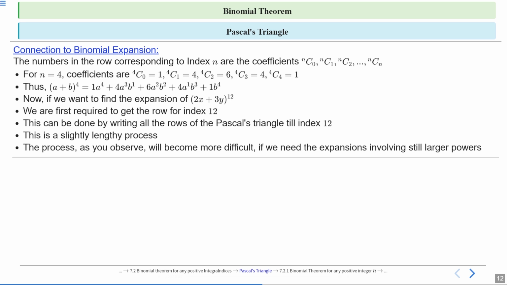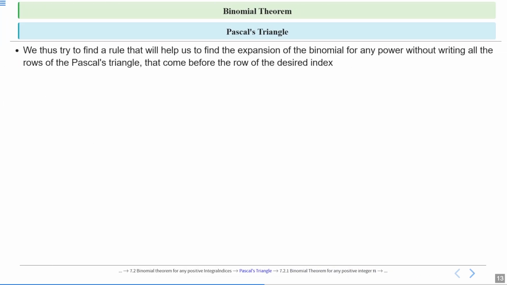As you observe, the process will become more difficult if we need expansions involving still larger powers. So we are trying to find a rule that will help us find binomial expansion without writing out all rows of Pascal's triangle. This is very useful when dealing with higher powers.